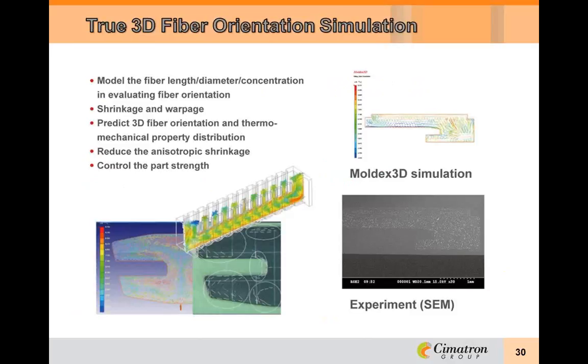Moldex 3D Fiber accurately simulates the 3D fiber orientation in mold filling process and further calculates the process-induced anisotropic thermomechanical properties of fiber-reinforced plastic parts. Users can understand the 3D orientation of fiber and further control the anisotropic shrinkage of fiber-reinforced parts.